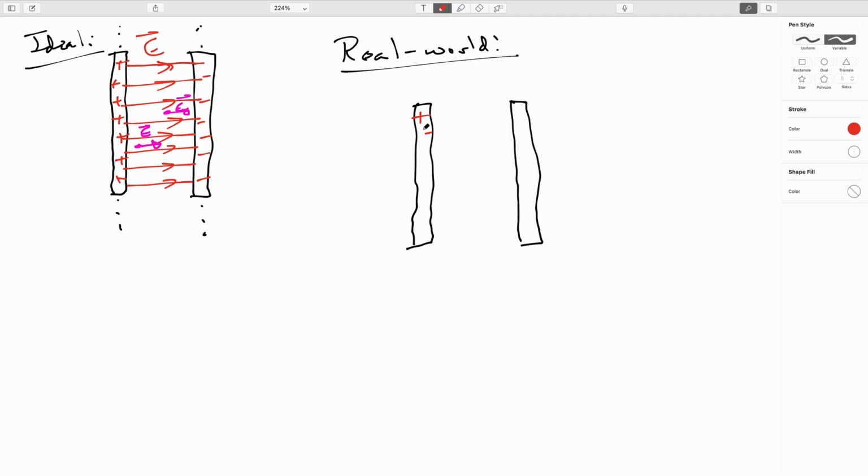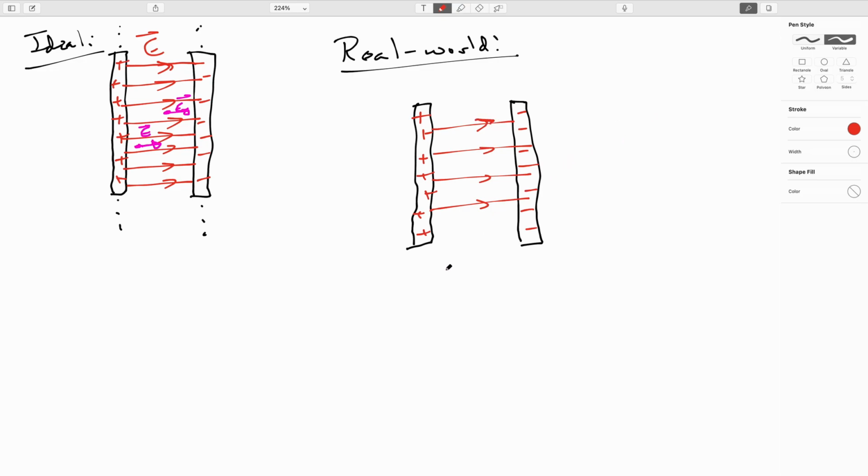So these are a finite extent. So now if I start drawing electric field lines, if I'm in the middle, say here, the electric field lines will be doing something like this.